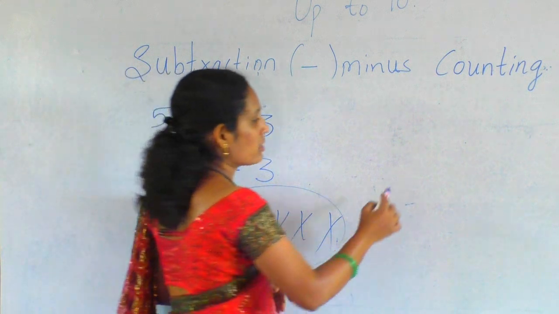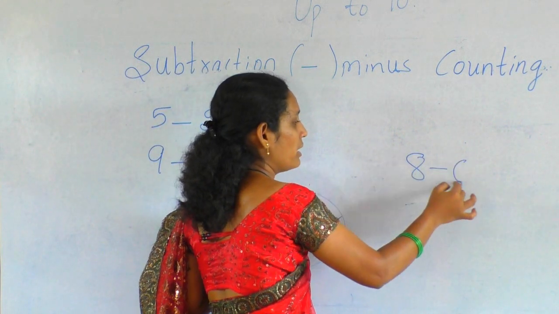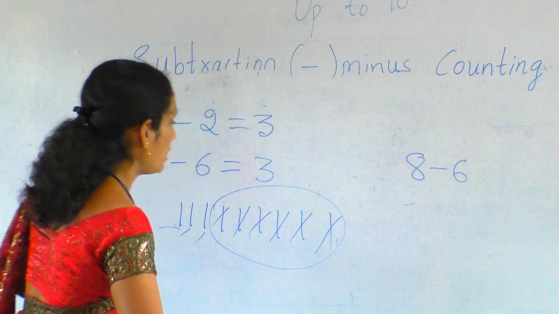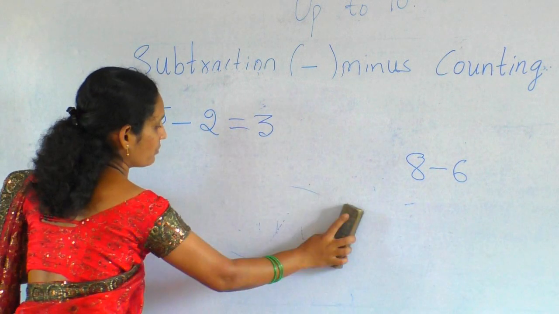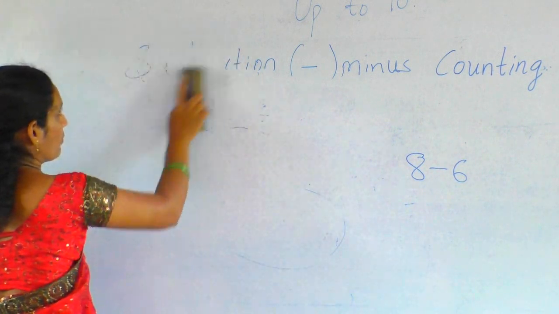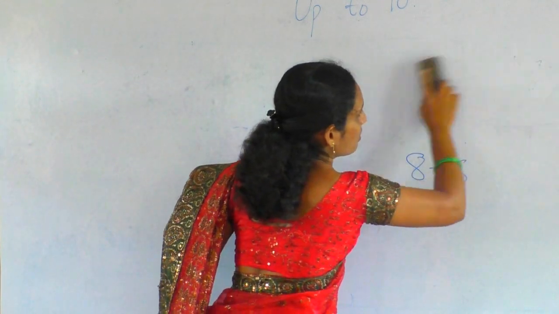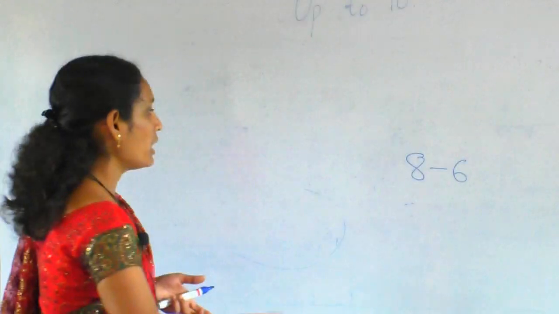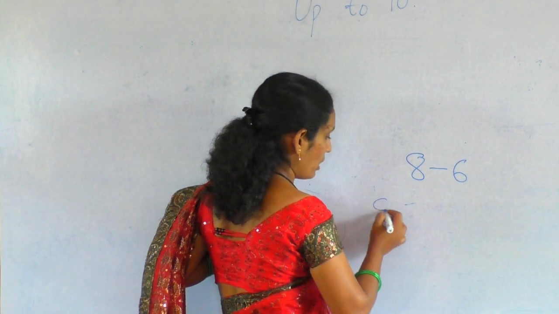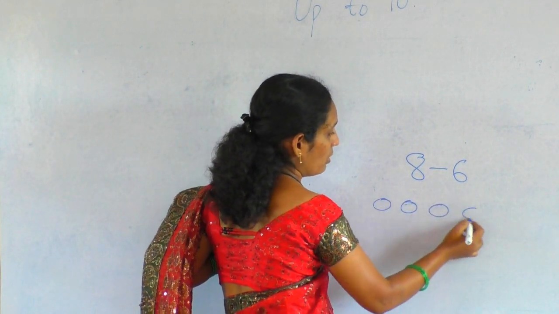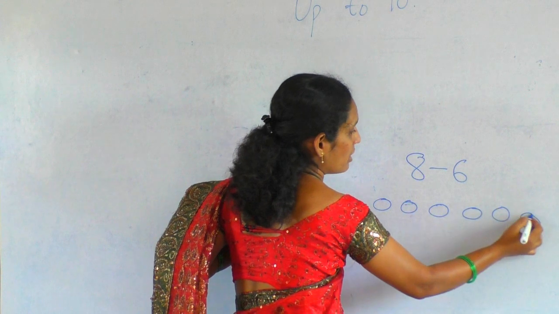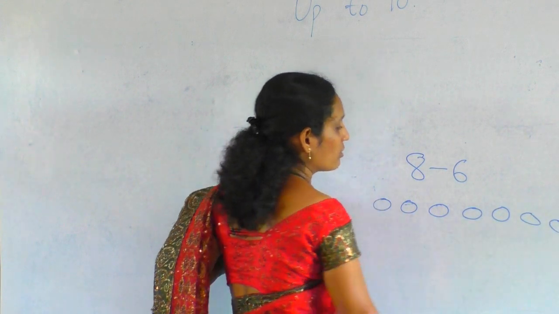Understood? So, next number, 8 minus 6. How are you subtracting 8 minus 6? Draw 8 beads here: 1, 2, 3, 4, 5, 6, 7, 8.